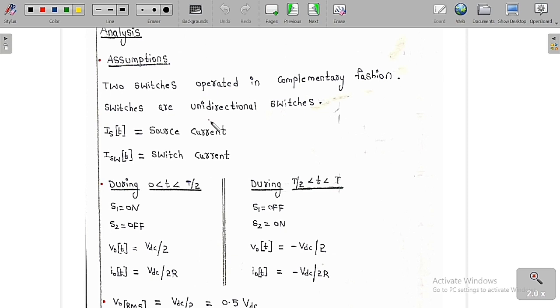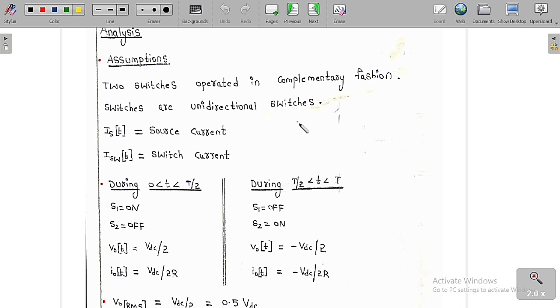First, we assume that the two switches are operated in a complementary fashion, meaning if one switch is on, the other switch is off. The switches are unidirectional switches, so current can flow only in one direction but not in the reverse direction.